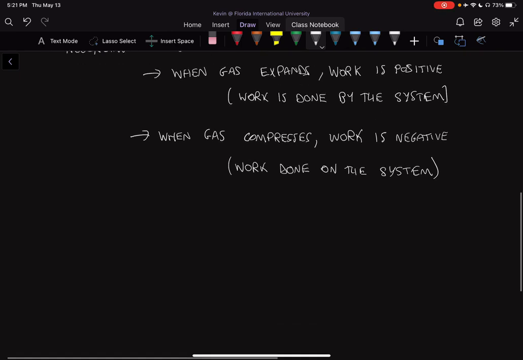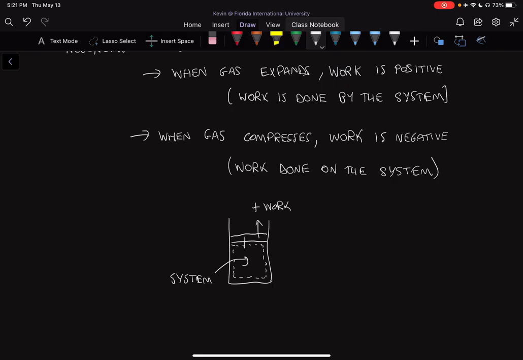Okay, so if we look at our diagram again, just to summarize what we wrote right above, if we have a piston cylinder assembly, we have our system delimited by our boundary. So this is our system. And anytime our piston moves up, we have positive work.